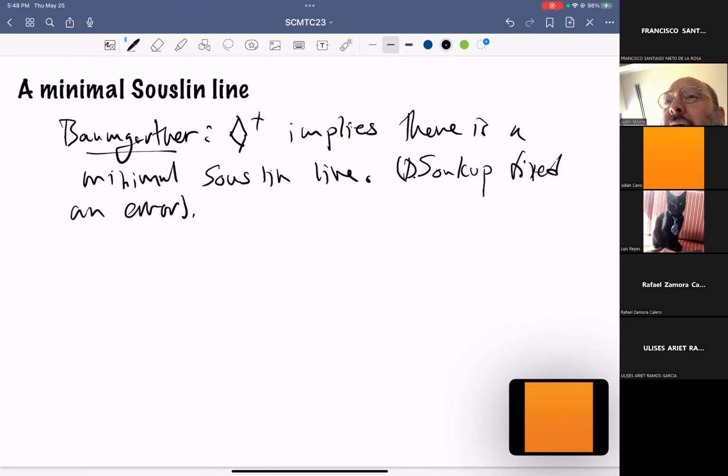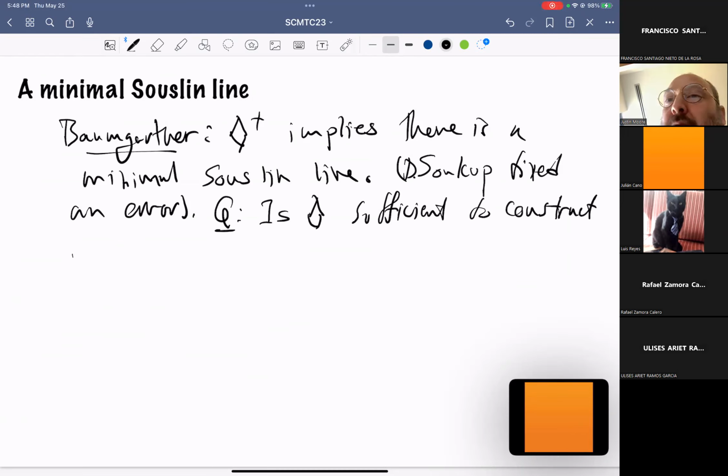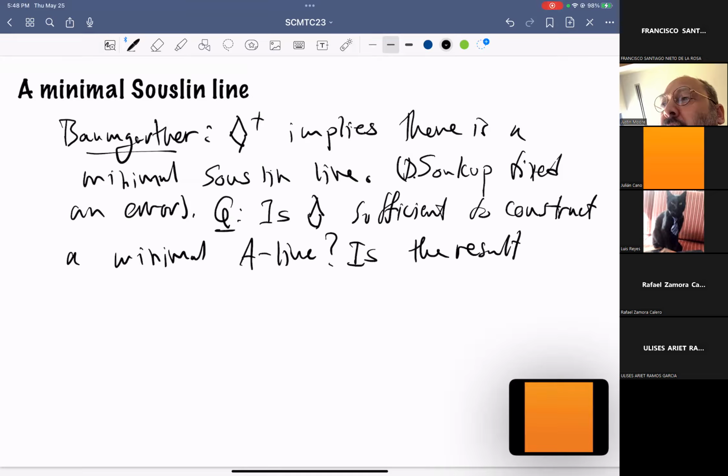And Baumgartner asked, is diamond sufficient to construct a minimal Ehrenstein line? Is the result necessarily Suslin?